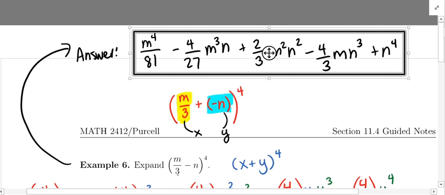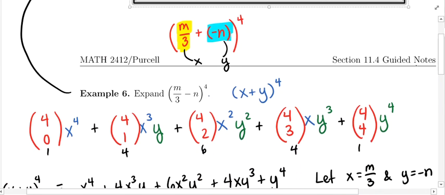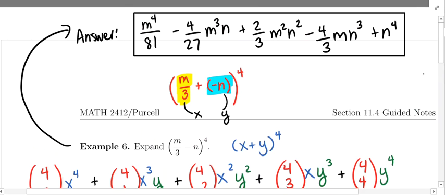If you are subtracting inside the binomial like we are here, we first changed it over to be m over 3 plus a negative n, so your y value will end up being negative. So you make those substitutions and then you simplify and you get your expansion.